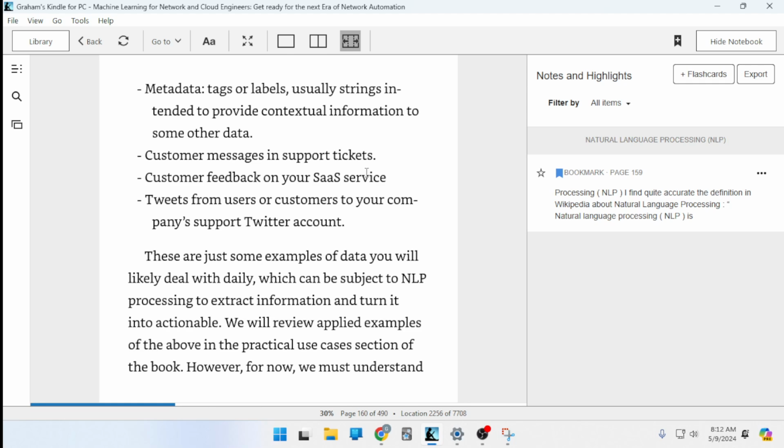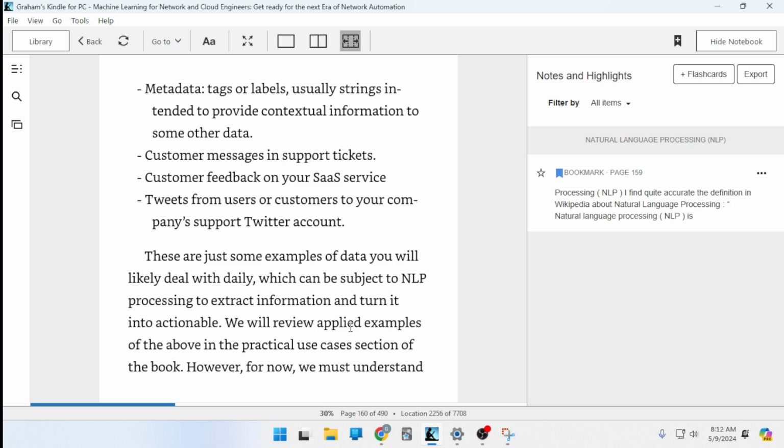These are just some examples of data you will likely deal with daily, which can be subject to NLP, natural language processing, to extract information and turn it into actionable.